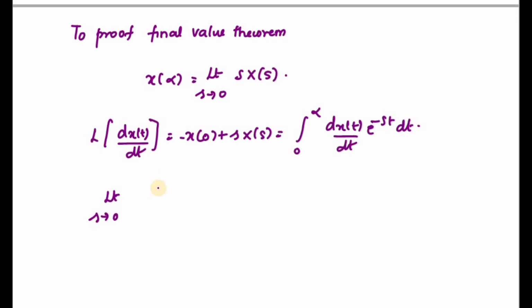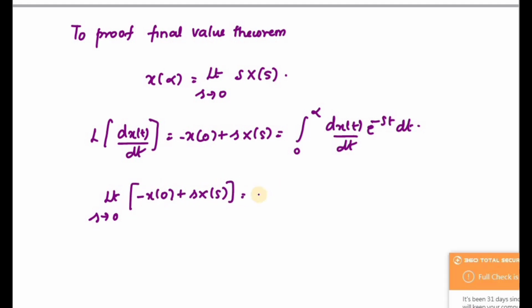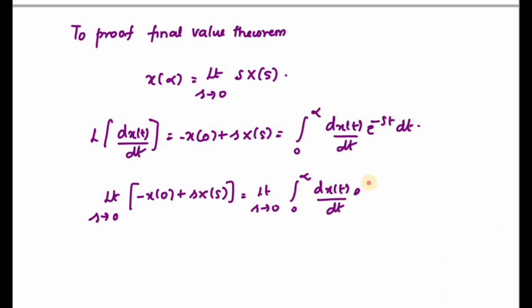So minus x of 0 plus s into x of s is equal to the limit s tends to 0 of the integral from 0 to infinity of dx of t by dt times e power minus st dt.